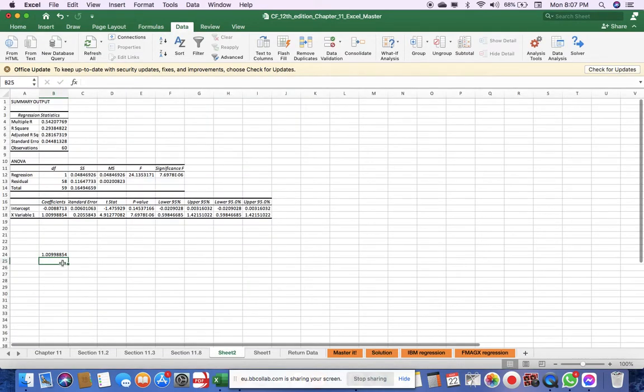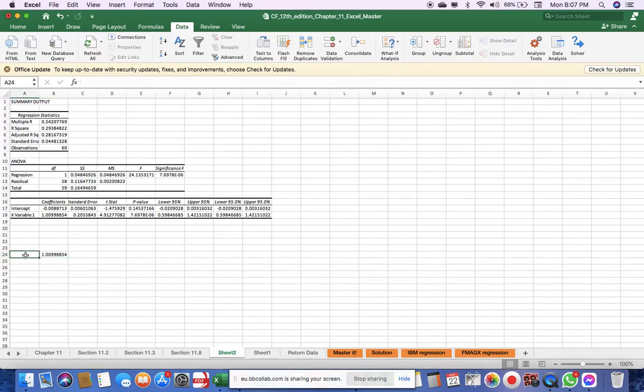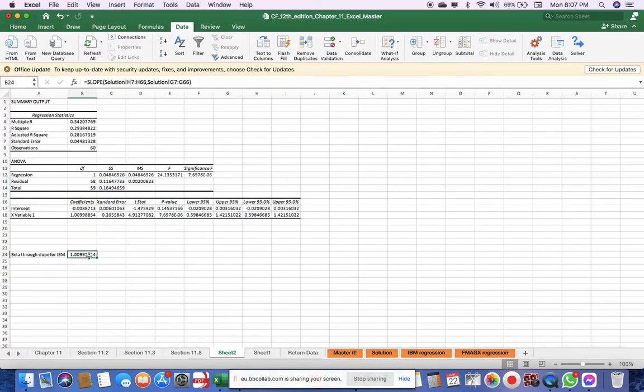And enter. So you can see here we calculated the beta through slope for IBM. And we have calculated the beta through the regression. Both are the same. You can see the beta of IBM through the regression line and beta through the slope, the Excel inbuilt function.